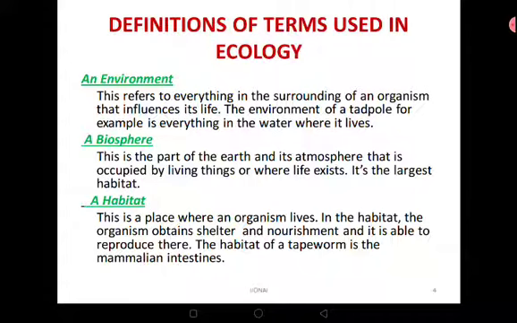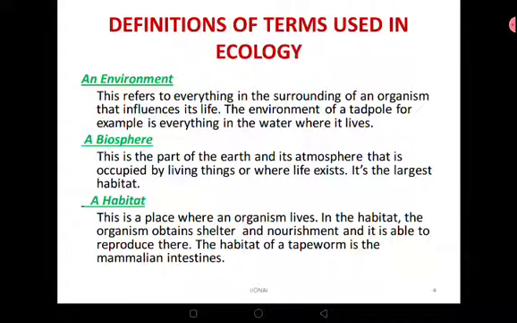It simply means an area on earth that has the best conditions for life. So that one is called a biosphere. Then we have a habitat. This is simply a place where an organism lives. In the habitat, an organism obtains shelter and nourishment and is able to reproduce there.